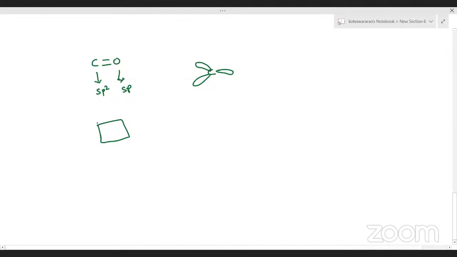Next, it has the unhybridized p orbital, which is perpendicular to the plane in which these 3 orbitals are present. This is the orbital structure of the carbonyl carbon.